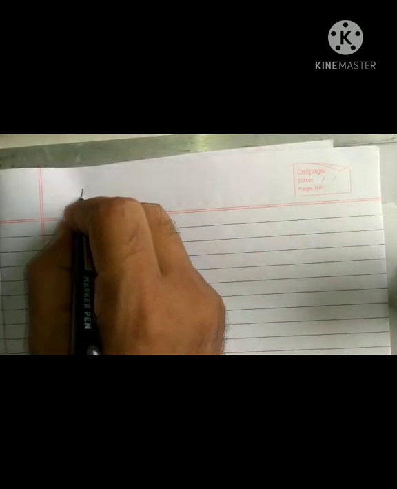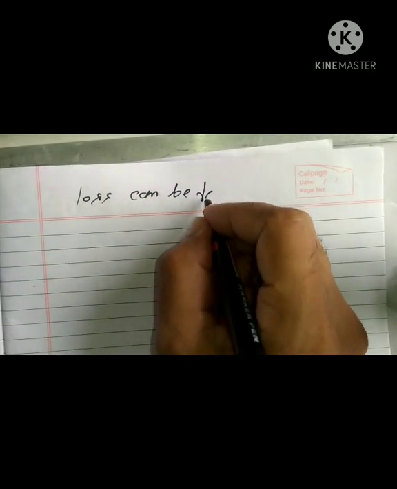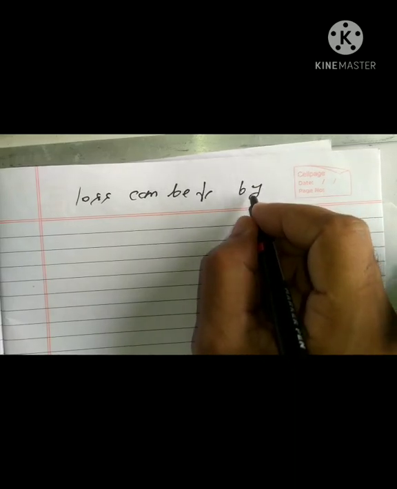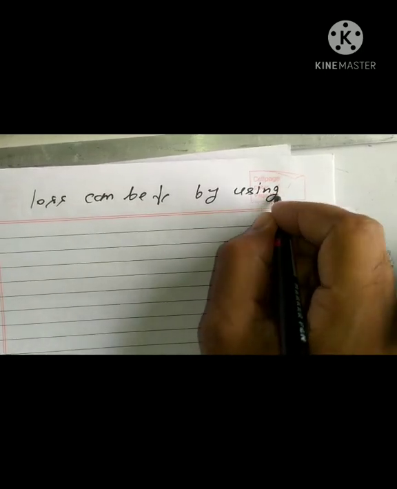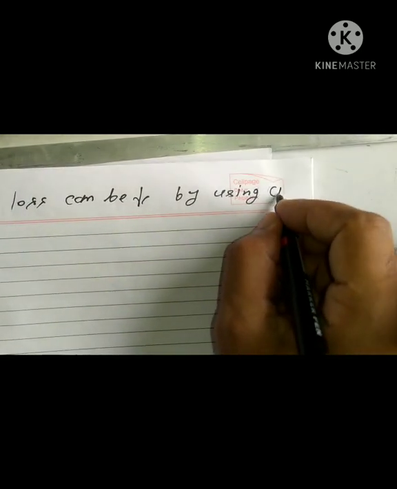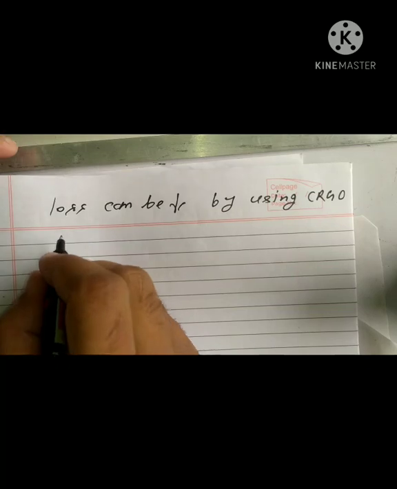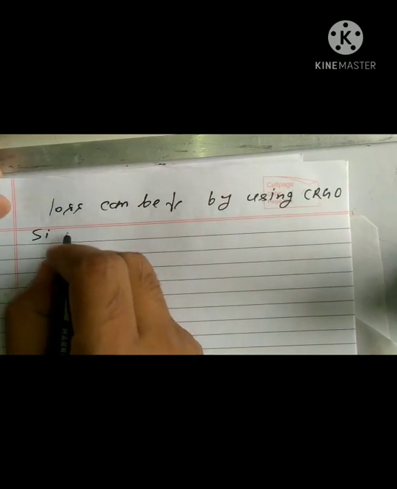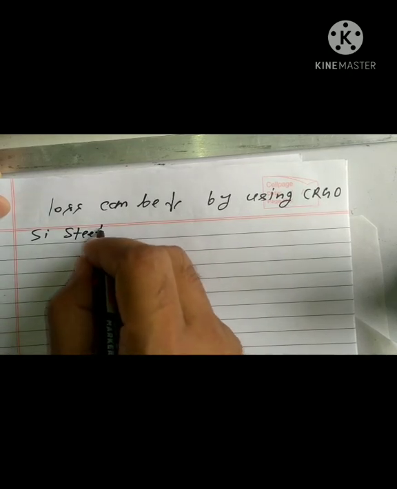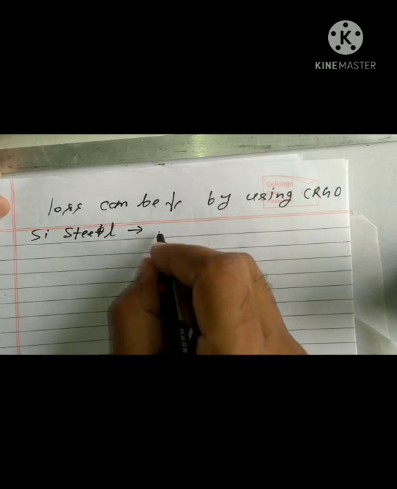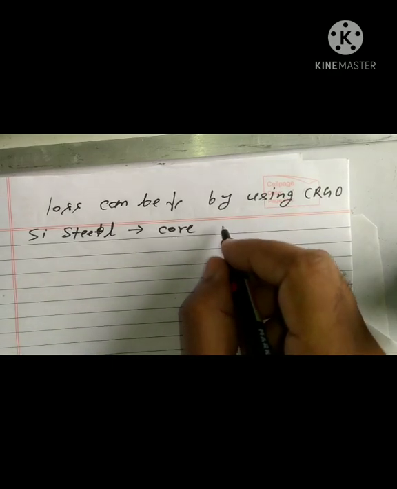And this loss can be reduced by using CRGO, that is cold rolled grain oriented silicon steel, as core material, silicon steel as core material, with high permeability.